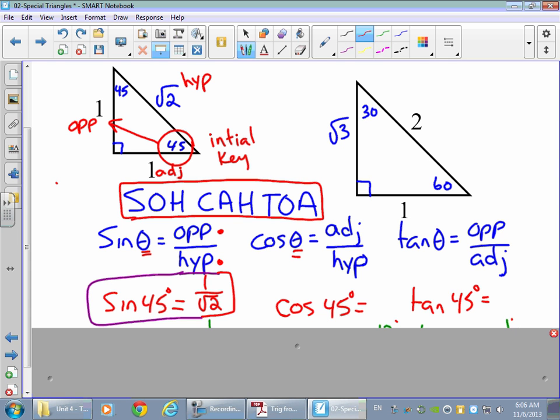Cosine is the adjacent, the other 1, over the root 2, and tan is the opposite, the 1 over the other 1. Now, what I've got here are exact ratios for my sine, cos, and tan. If you punch these into a calculator, you get answers like 0.7071.